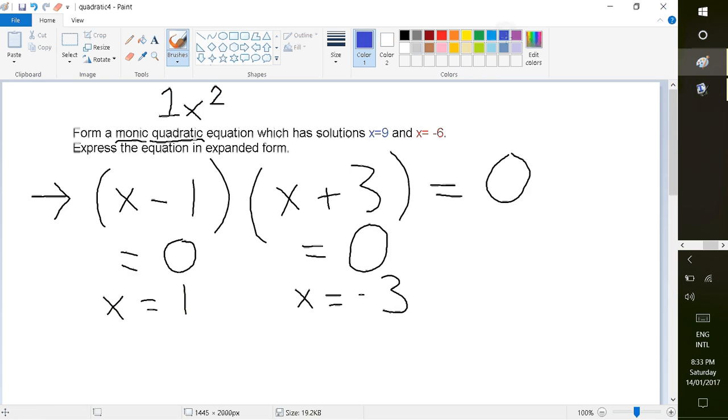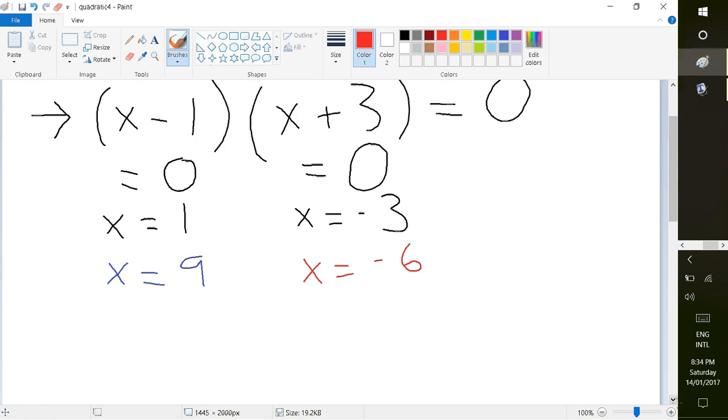All right, so then if we look back at our question, we're given x equals 9 and x equals -6. So we want to form two equations with the right hand side equaling 0.